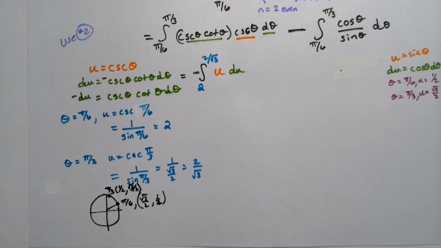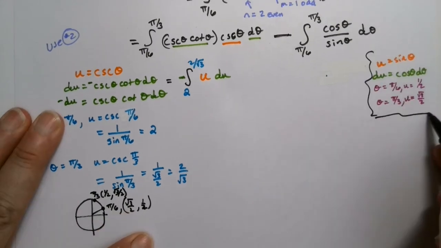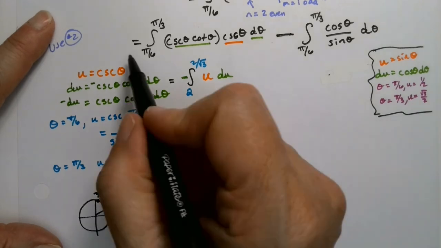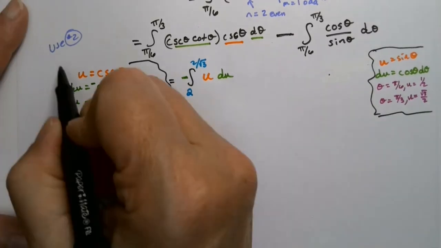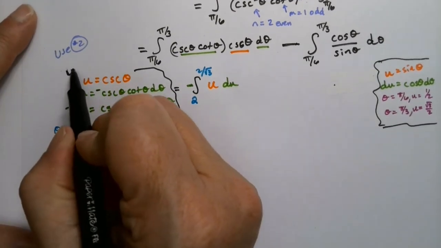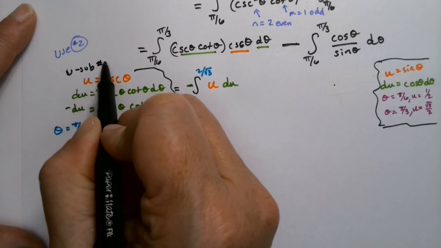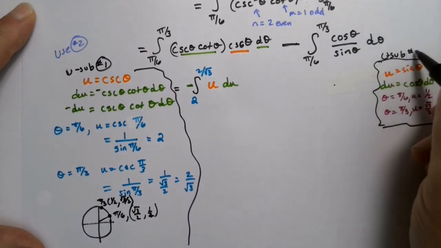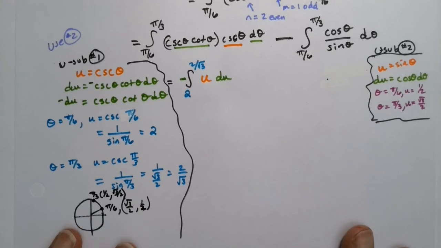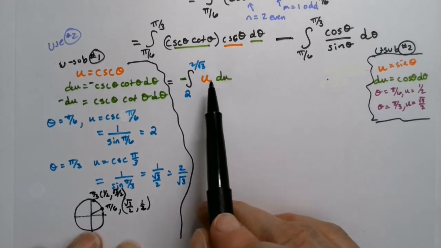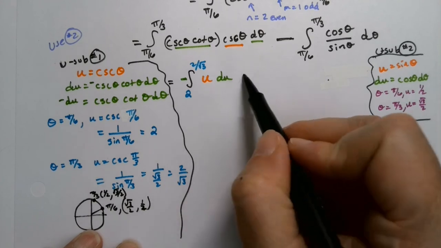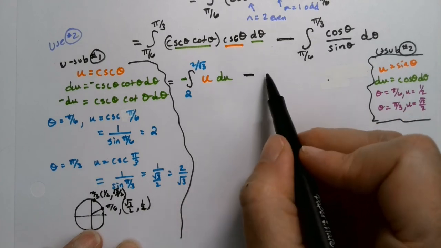Okay, so putting this all together, here's one u sub over here and another u sub over here. So this is u sub number 1 over here on the left, and this is u sub number 2. And we're doing 2 of them simultaneously in the same problem. So here's u sub number 1 right here. We change those limits of integration, minus, and now I need u sub number 2.